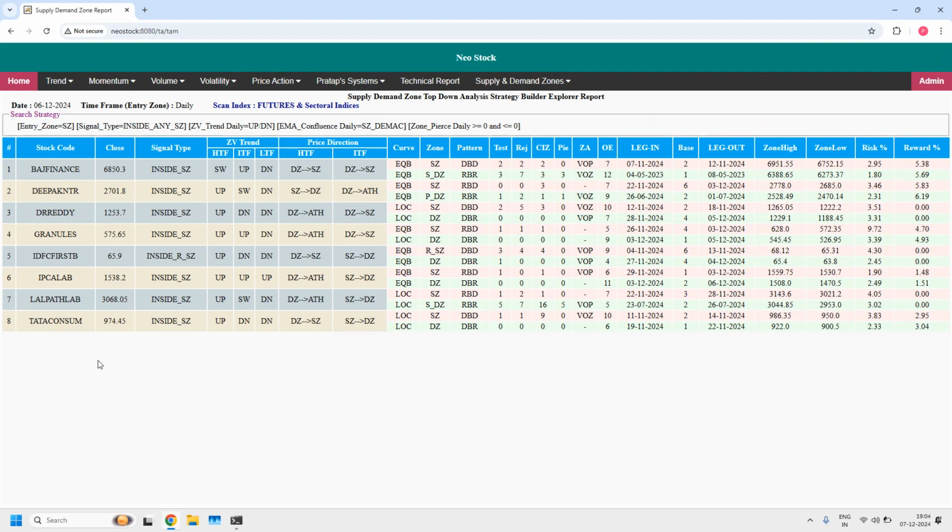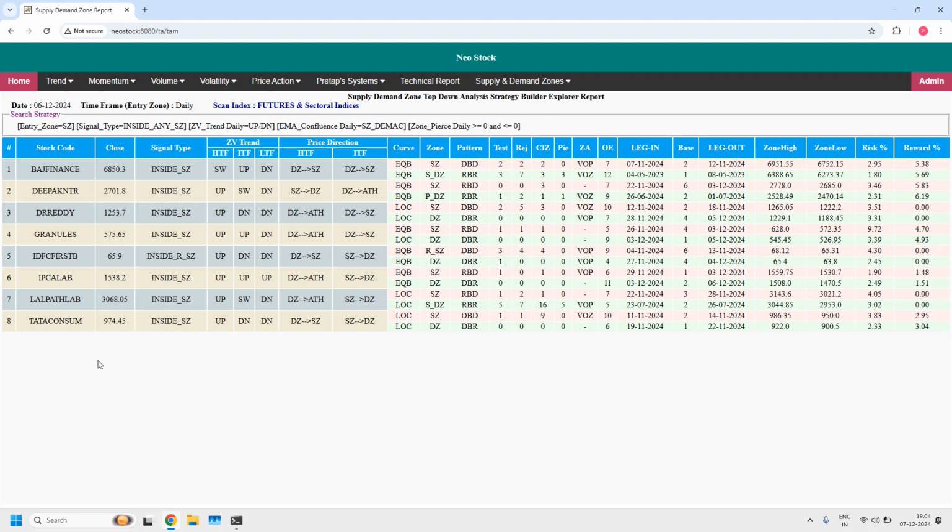See how our software is identifying by filtering so many stocks and finding the right setup related stocks. Now you can use these 8 daily supply zones as an HTF zone or ITF zone, and then you can plan your trade setups.